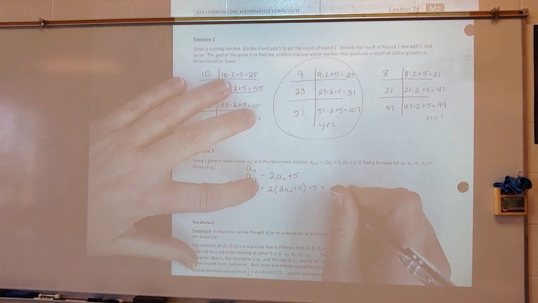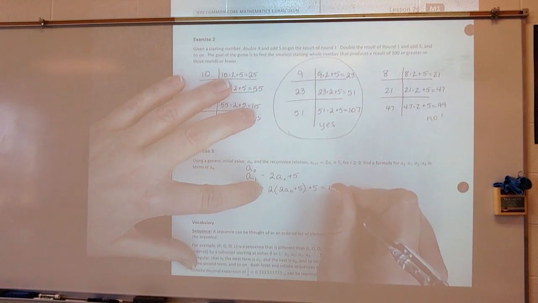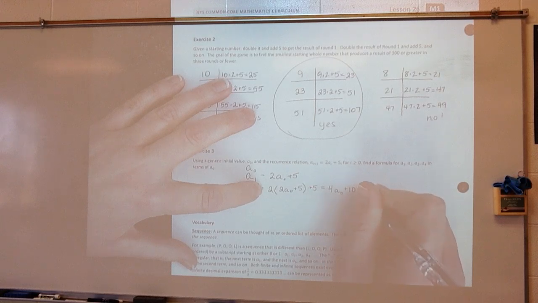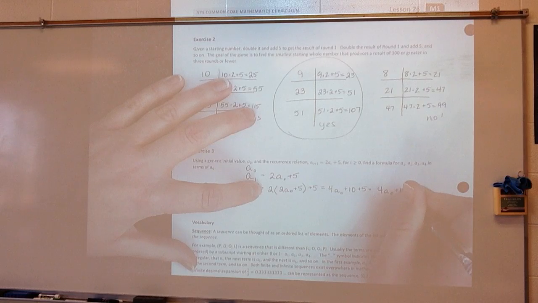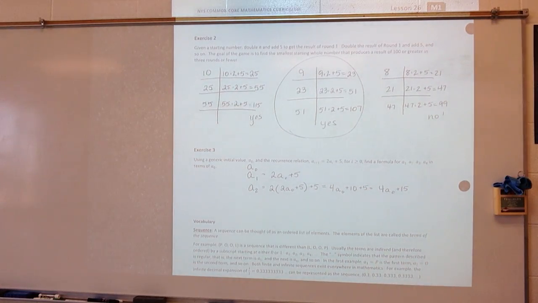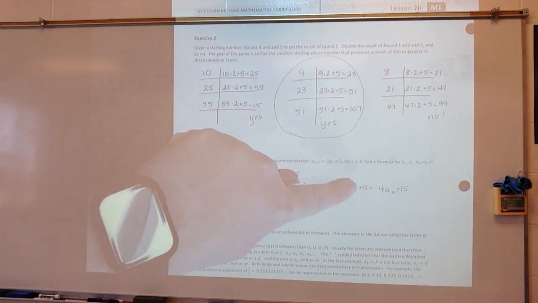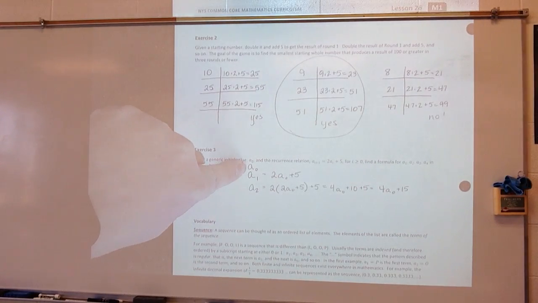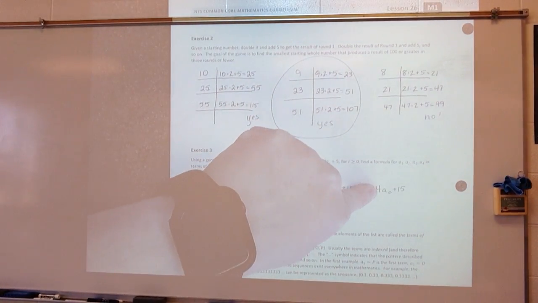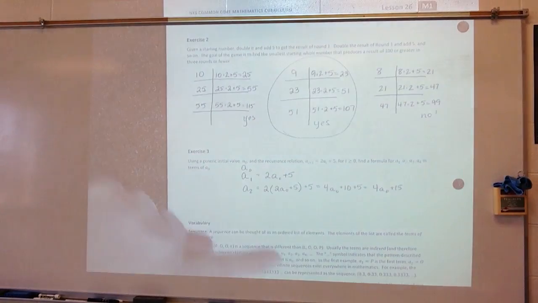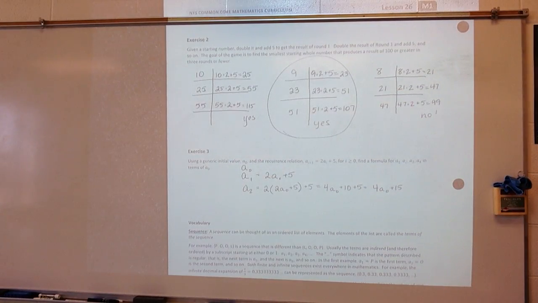So I get 4 a sub 0 plus 10 plus 5. So that gives me 4 a sub 0 plus 15. So in other words, it's telling me that I can take my initial value, multiply it by 4, and add 15 to get the result of round 2.